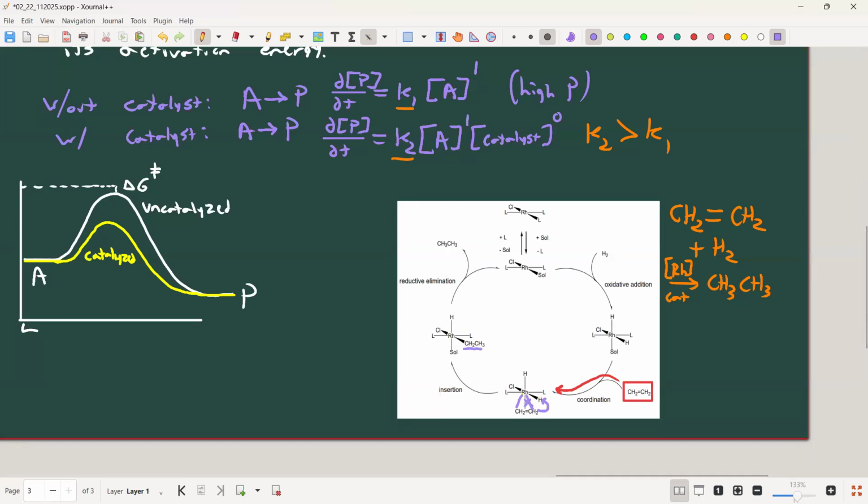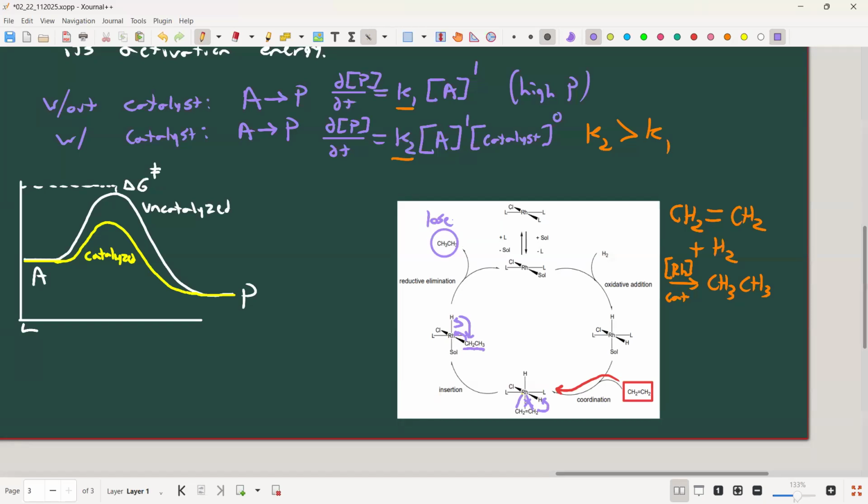And so now you have this ethyl group on your rhodium. And there's another H on that rhodium, and it happens again. This H comes in and connects there. And now you have CH3.